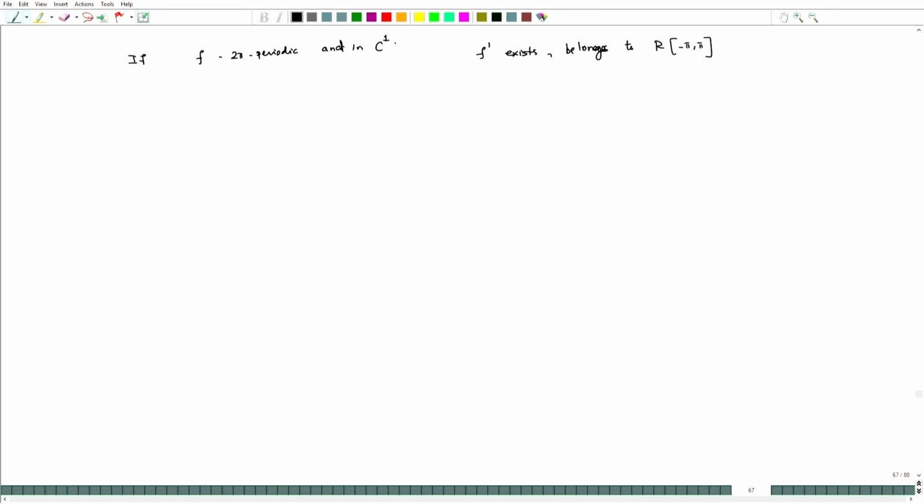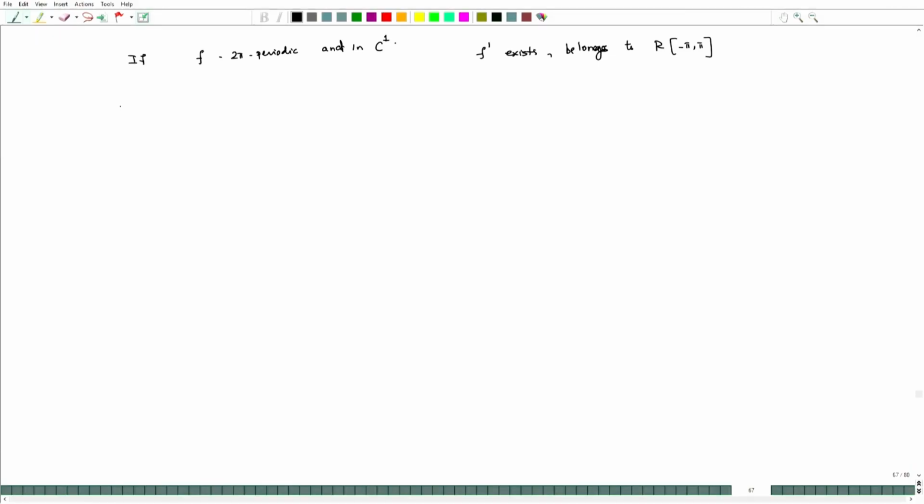So, what can I say about the relationship between f and f prime? What it gives is a very important inequality in analysis, which is called the Wirtinger inequality.